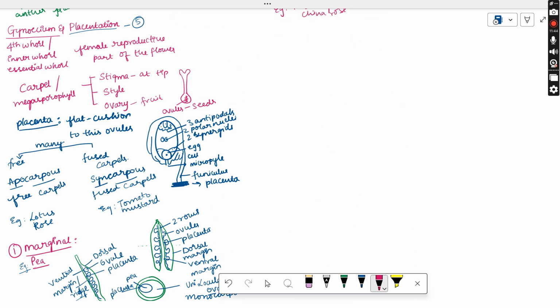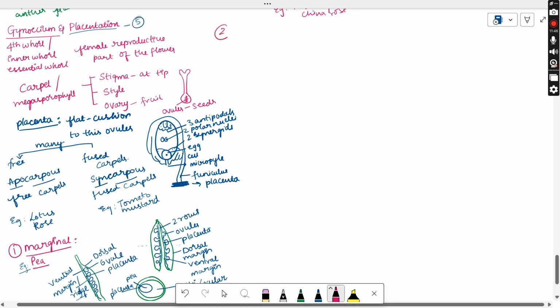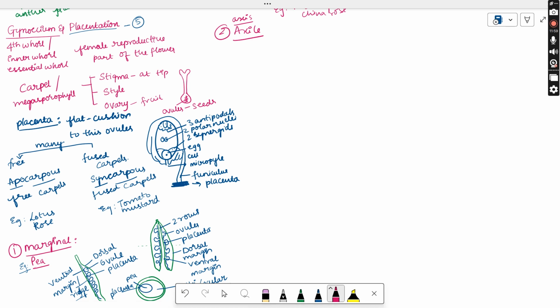So next we'll go with the second type, that is axial placentation. So remember, axial means lying on the axis. So axis, we all know, is the major part. So whenever the placenta is present on the axis and all the ovules are attached to the axis, that type of placentation we call axial placentation.